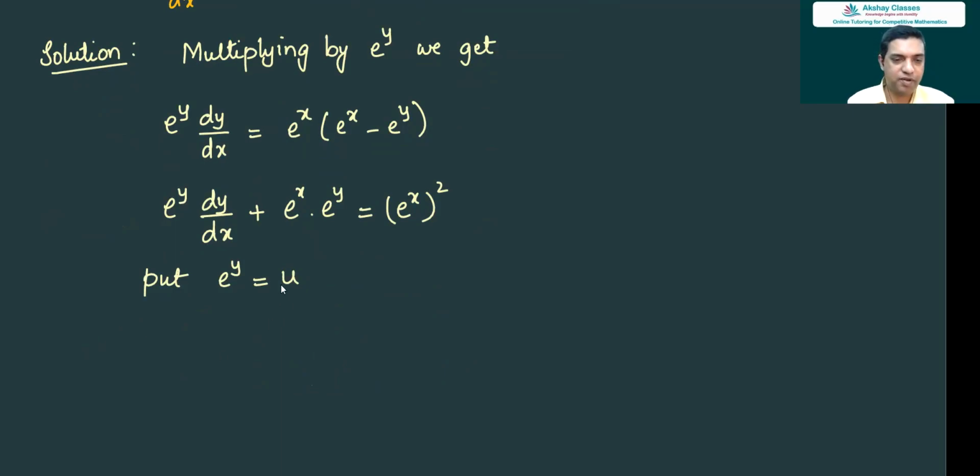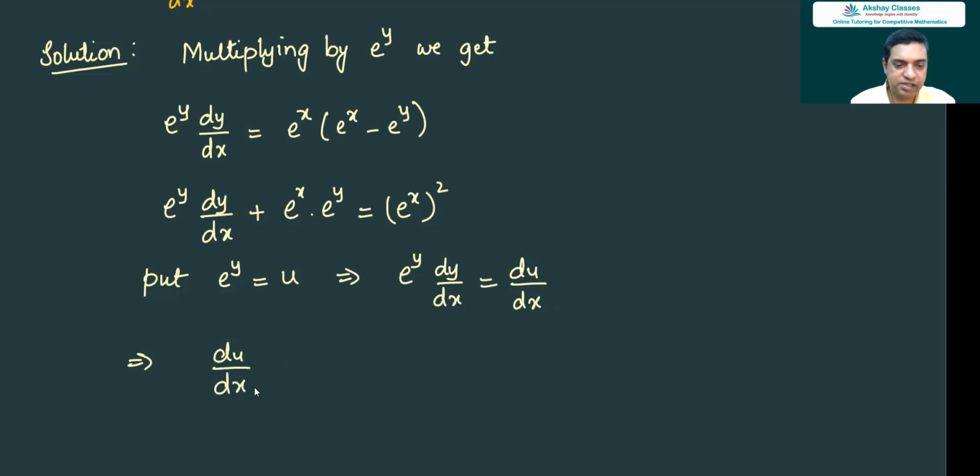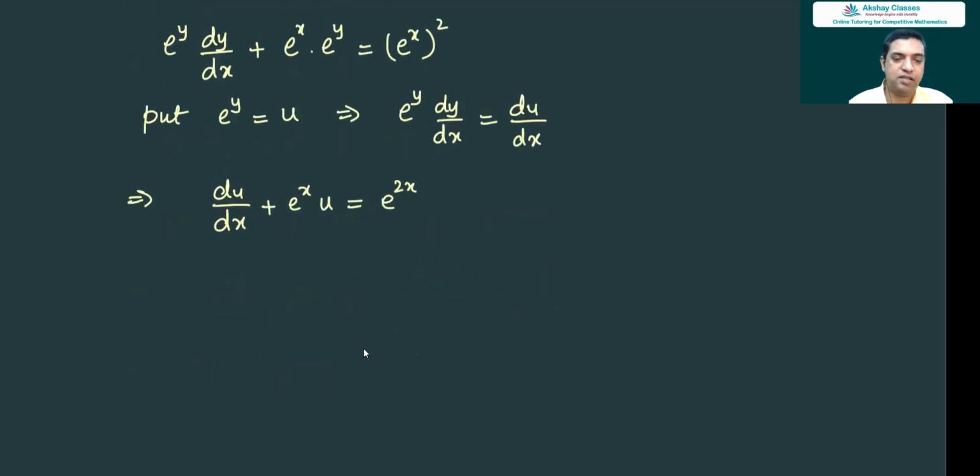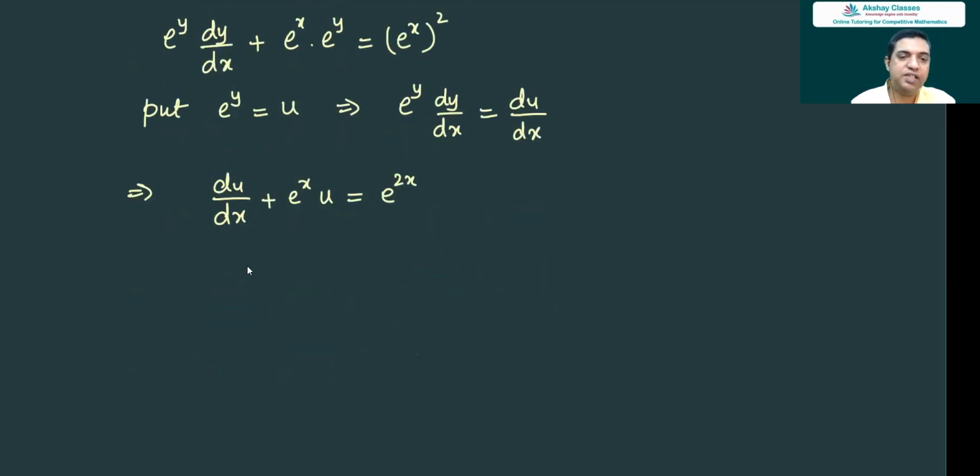When we do that, differentiating, we get e power y into dy by dx is du upon dx. So we get du upon dx plus e power x times u is equal to e power 2x. Now this is a linear differential equation.